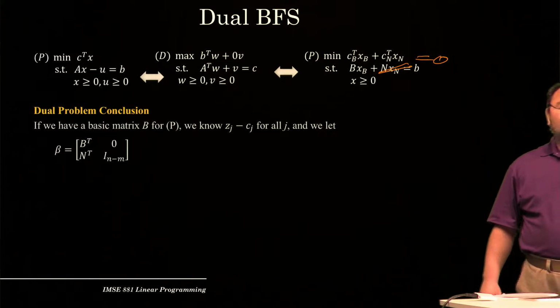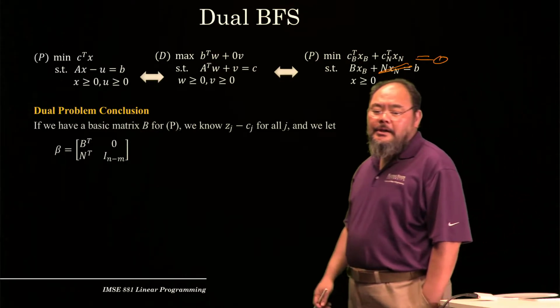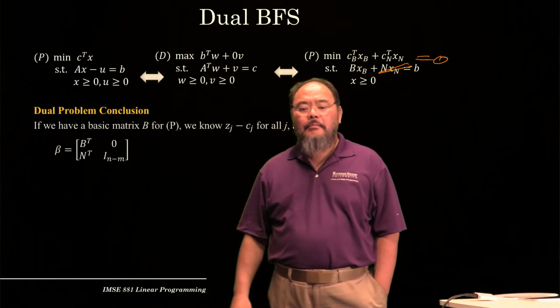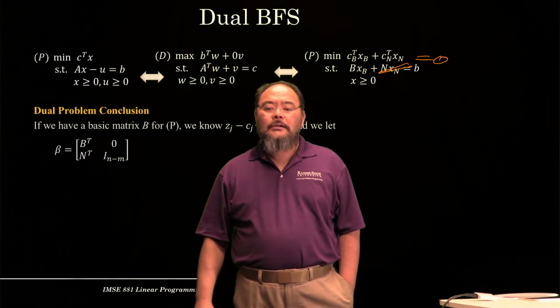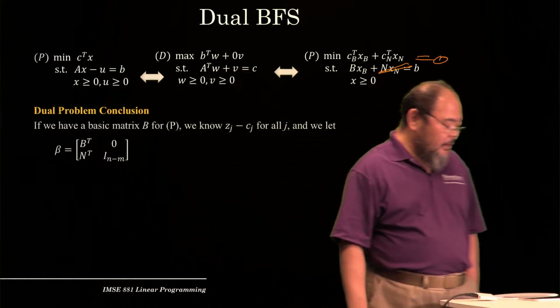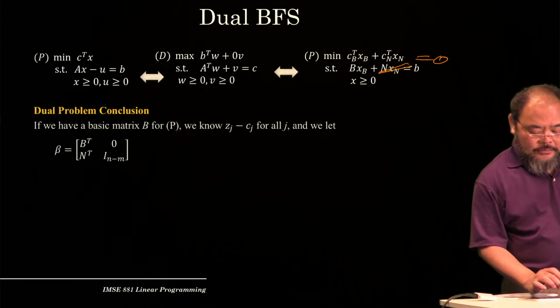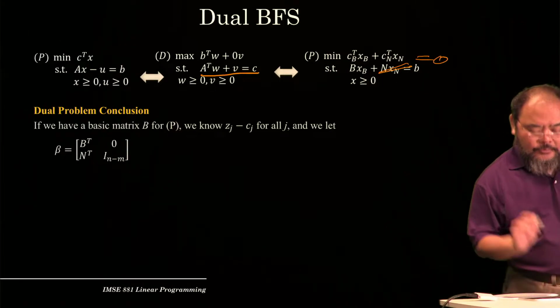So my dual problem conclusion becomes, once I separate the B matrix and N matrix, and also the CB and CN, I can actually look at the matrix in the dual problem right here.